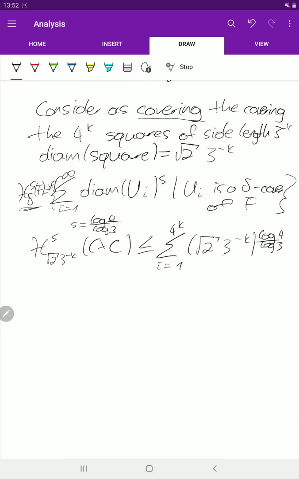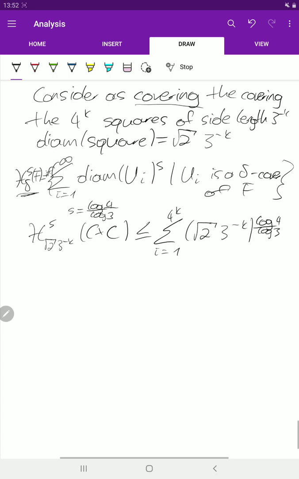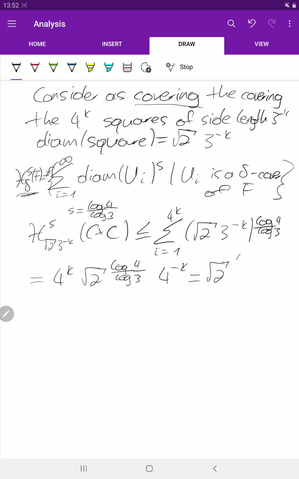Okay, then we see that this sum doesn't even depend on i, so we can simplify. We get 4 to the k summands, then we have square root of 2 to the log 4 over log 3, then 3 to the minus k to the log 4 over log 3 is just 4 to the minus k. So we get square root of 2 to the log 4 over log 3, which is finite.